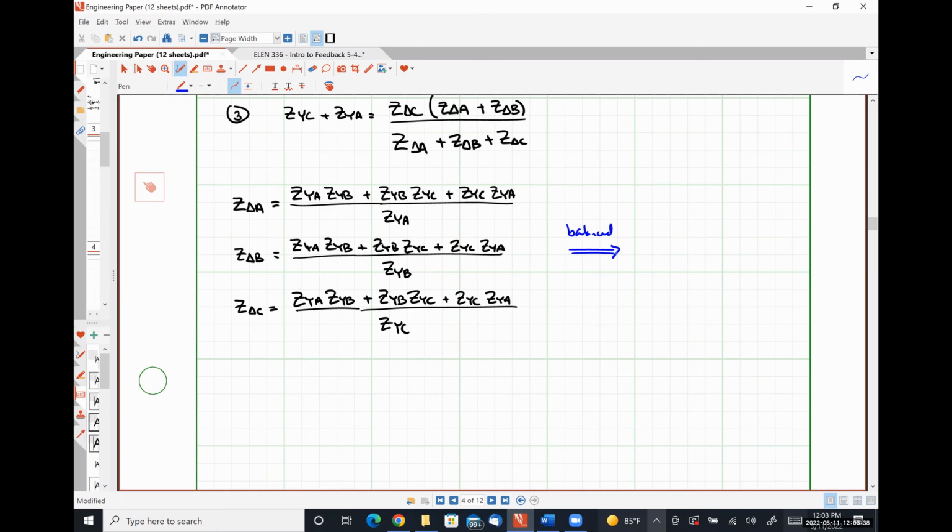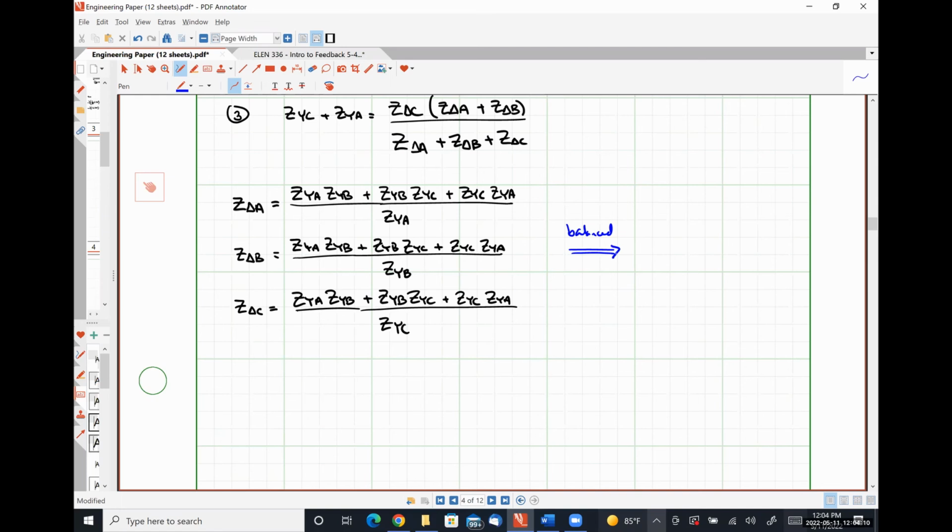So for a balanced system, we should expect that Z delta A is equal to Z delta B is equal to Z delta C, where we know that ZYA is equal to ZYB is equal to ZYC. So effectively, if all of our Y terms are the same, we have ZY squared plus ZY squared plus ZY squared in our numerator. So 3ZY squared divided by ZY gives us 3ZY.